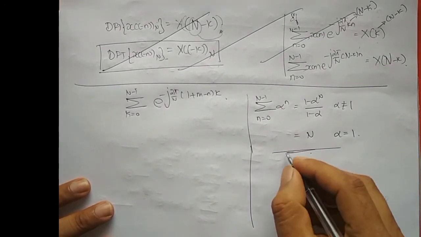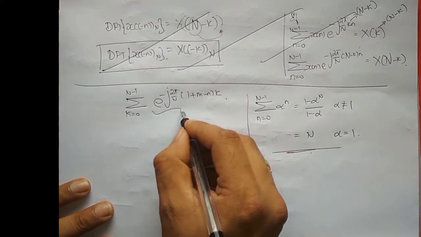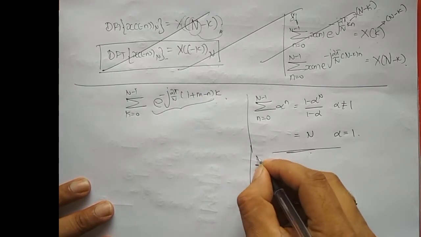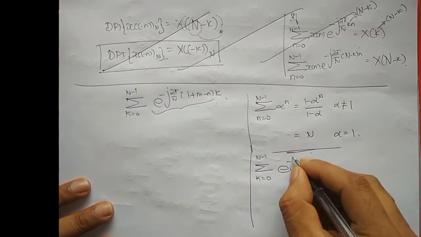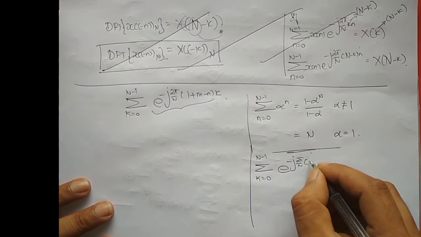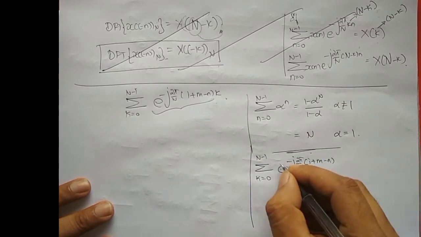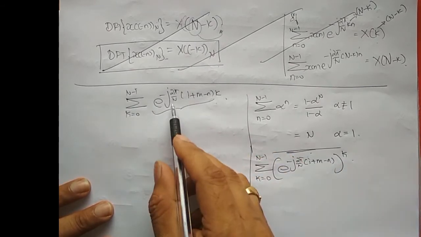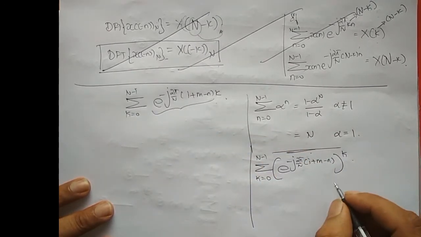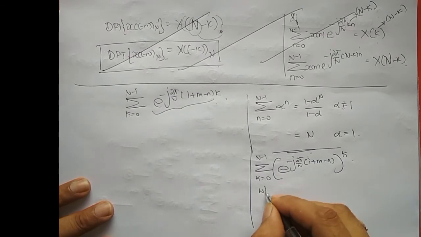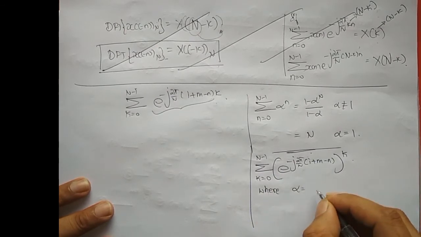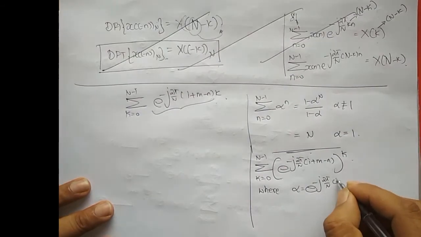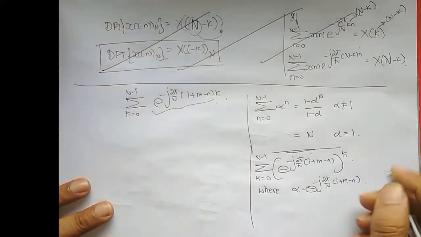So in this case, I can write this as alpha power k, summation k varying from 0 to N minus 1 of e power minus j 2 pi by N into (I plus m minus n) whole power k. Now I have written this equation in this form, where alpha is e power minus j 2 pi by N into (I plus m minus n).